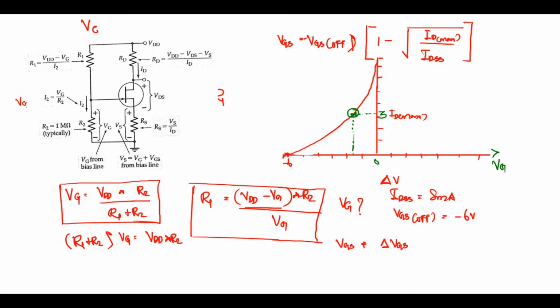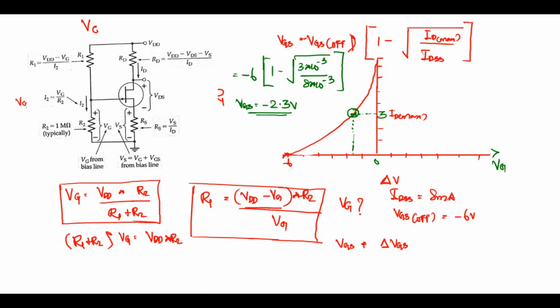We are going to substitute all the other parameters which we know in this equation to obtain VGS. What we will get as VGS here is equal to VGS(off) which is minus 6, and if you substitute the values, 1 minus 3 into 10 to the power minus 3 divided by 8 into 10 to the power minus 3, and by substituting all this, finally you will get an answer of VGS that is equal to minus 2.3 volt, right?